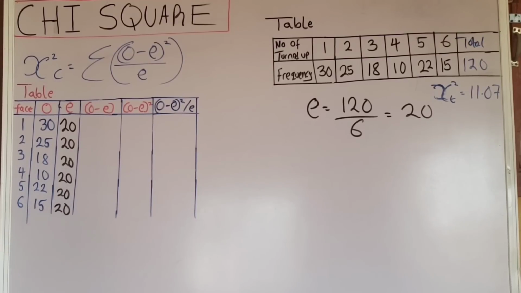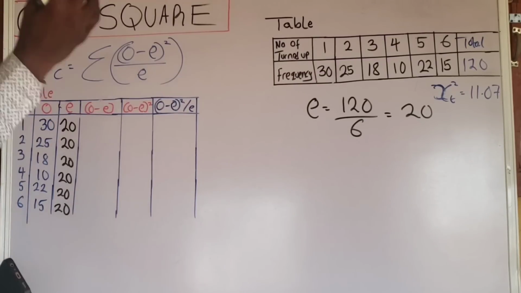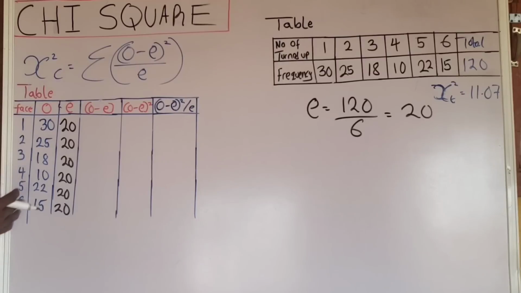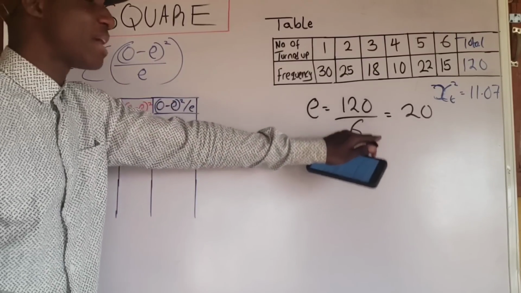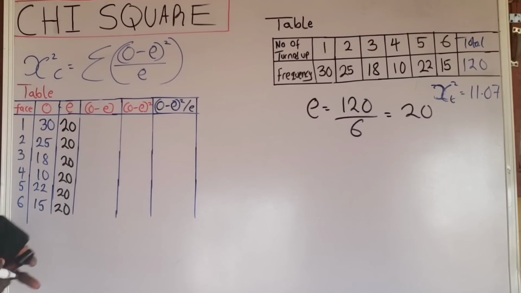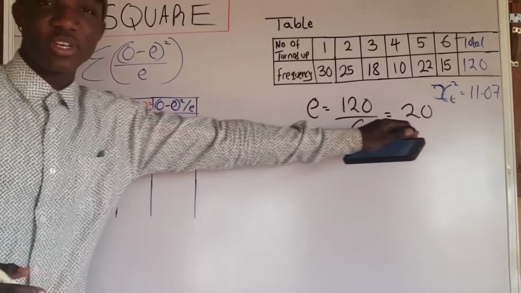If you didn't understand, listen to the explanation again. If the die is unbiased, the die is thrown 120 times. That means that for all the faces, we must have 20. And how did I get 20? I divide 120 by 6 because the number of faces in a die is 6. So here I have 20.